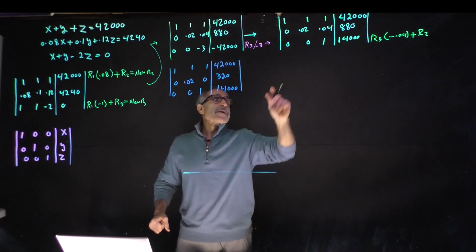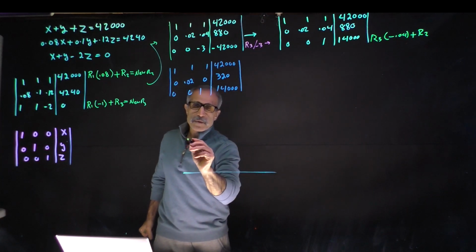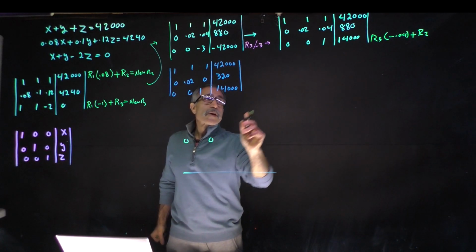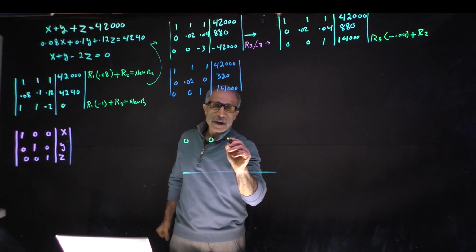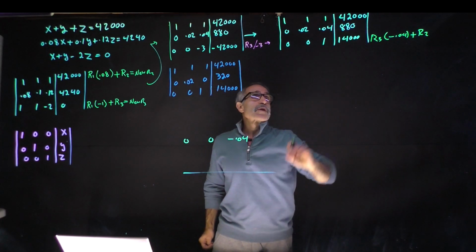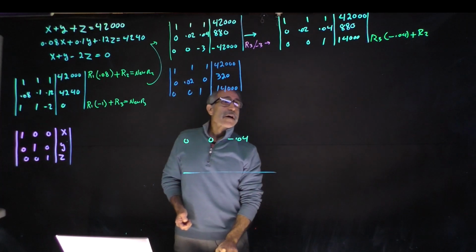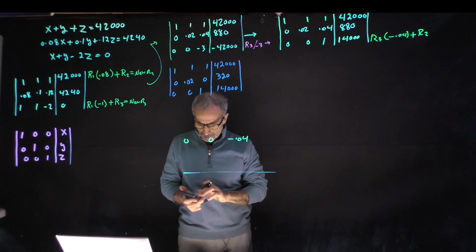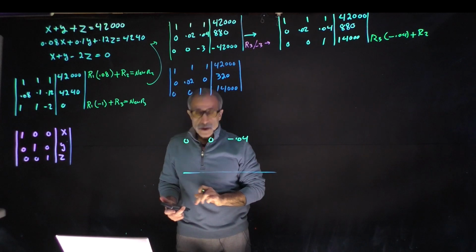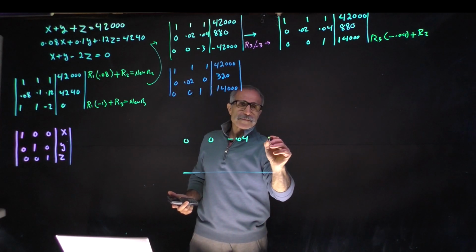So if I do that, 0 times -0.04 becomes 0. 0 times -0.04 becomes 0. 1 times -0.04 becomes -0.04. And then -0.04 times 14,000 comes out to minus 560.